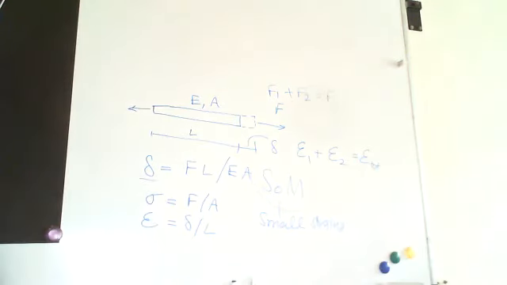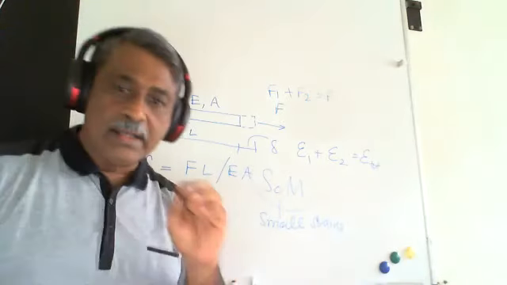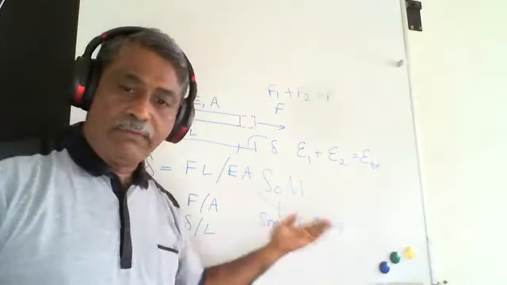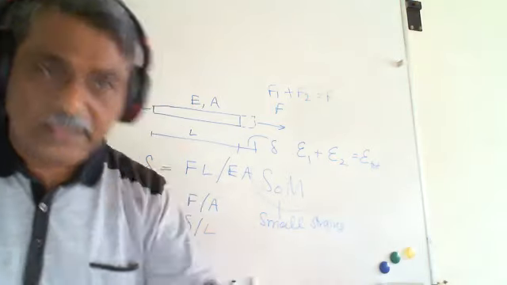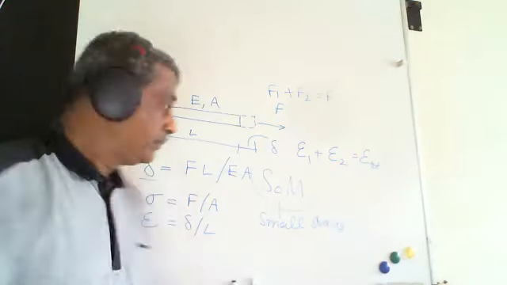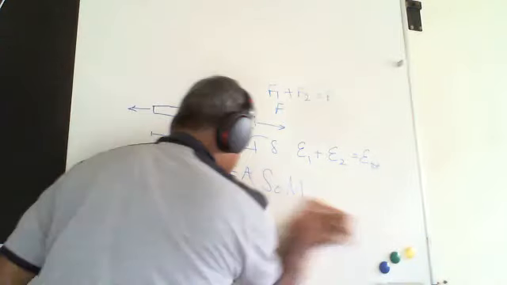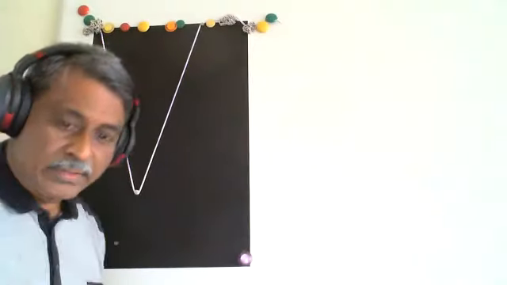Having said this, let's look at another example and understand how we find small strains in certain other scenarios. I'm going to erase this. I built a small structure over here for you. Are you able to see? This is one member, this is another member.